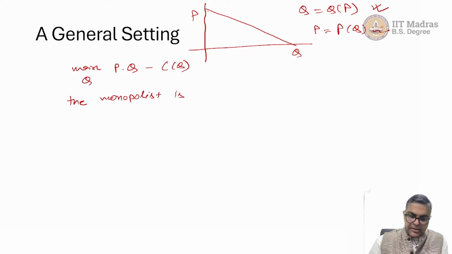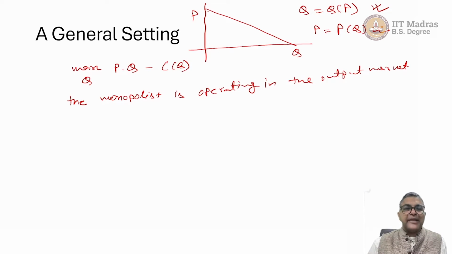So what we are assuming, let us be clear, is that the monopolist is operating in the output market. Of course, the monopolist also has to buy raw material, and it has to use raw material to produce the final product.